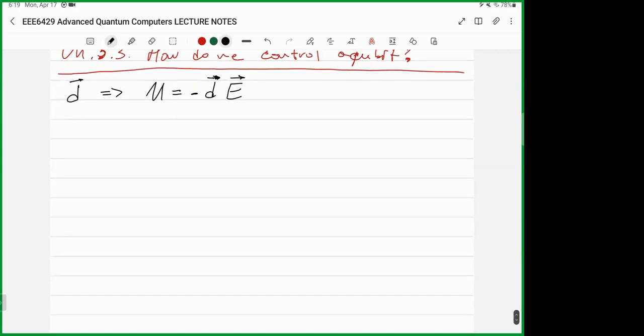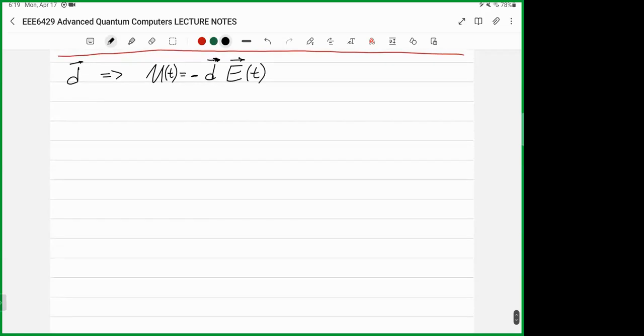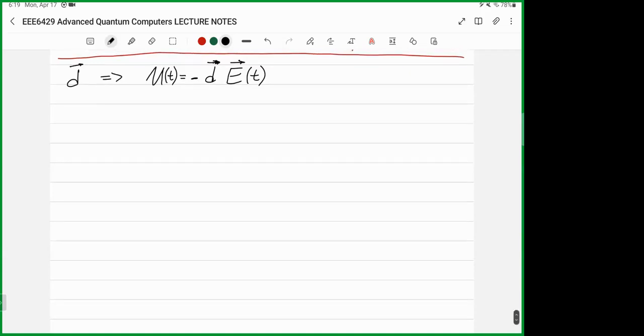And the field can of course be a function of time, so if I apply a pulse, the interaction energy will also be a function of time.